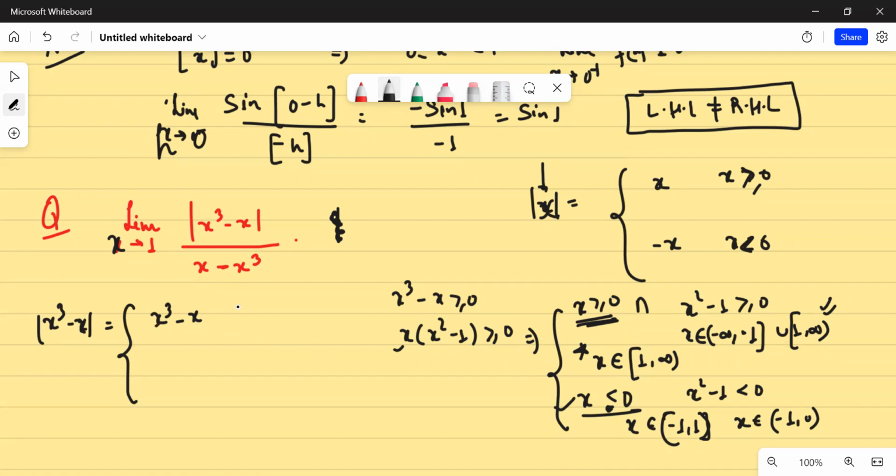And this is true for all x belonging to (-1, 0) union (1, infinity). And for all other points, x cube minus x will be negative, so you can simply place a negative sign in front. So instead, this will be x minus x cube, for all x lying between minus infinity and minus 1.